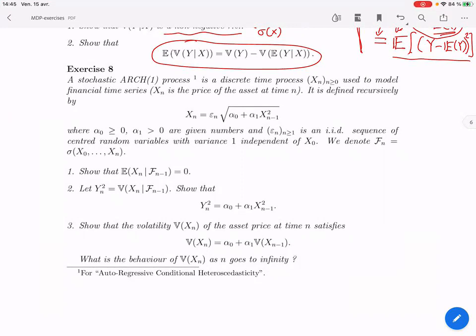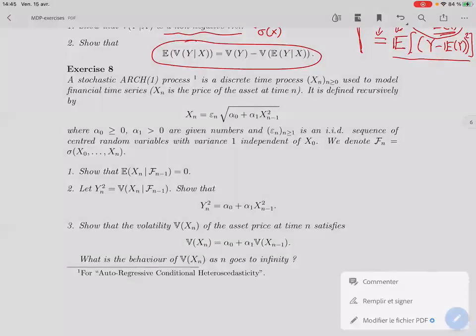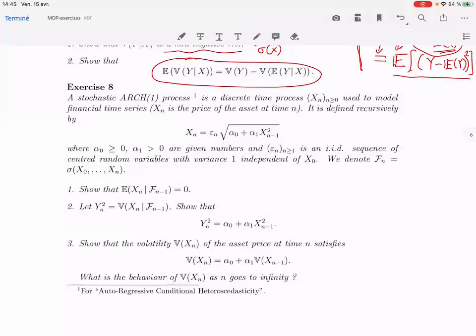So the X_n are a collection of random variables, representing for example the price of some asset at time n. The evolution of this price depends on the previous price at time n minus 1, but it is affected by some random variables epsilon n, which are all IID, centered with mean 0 and variance 1.